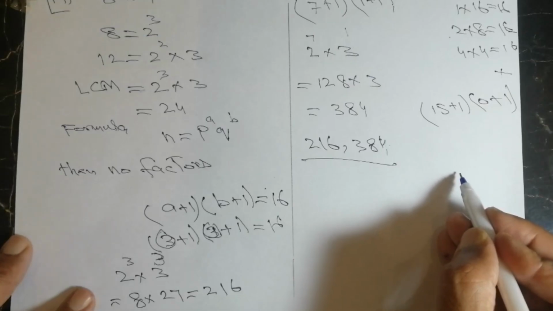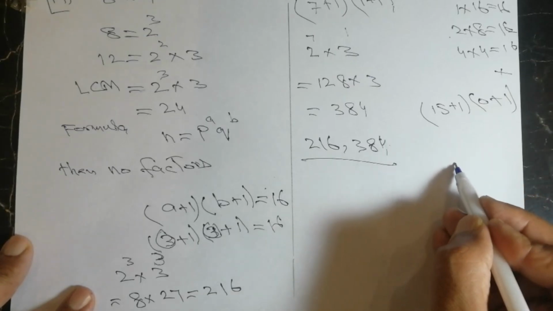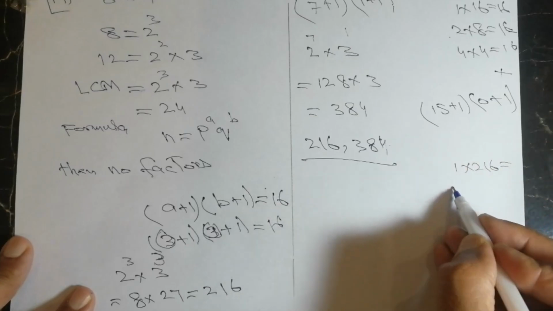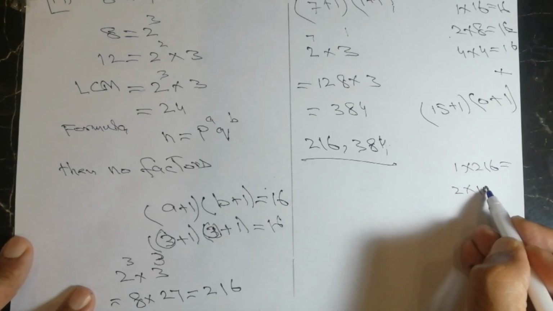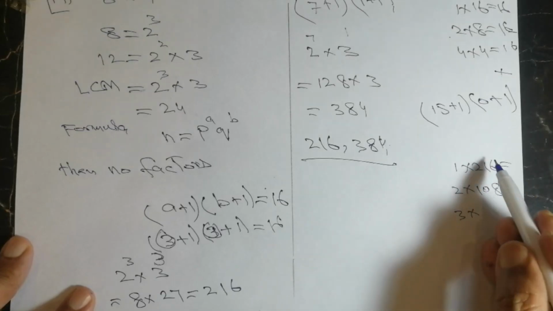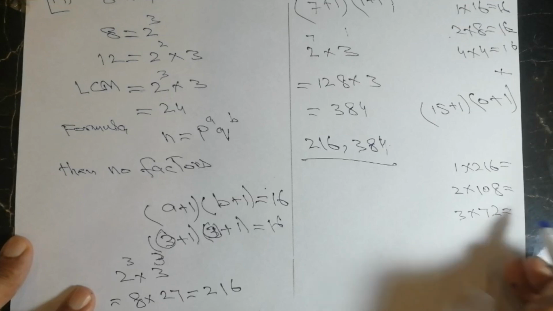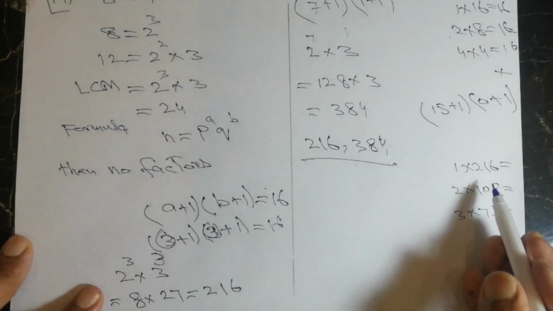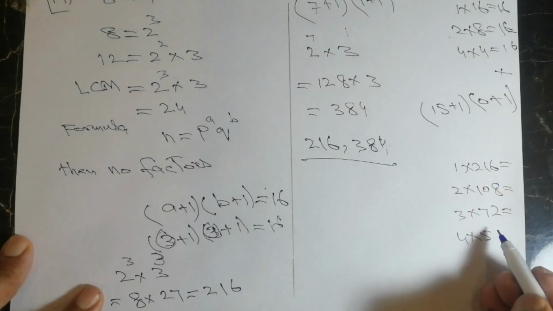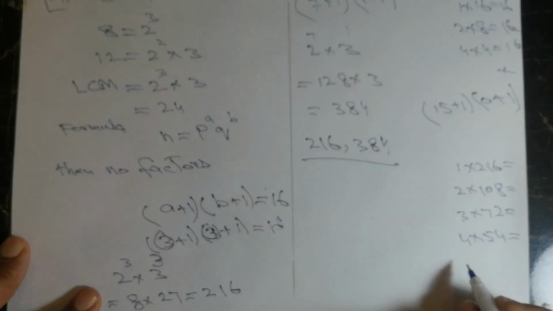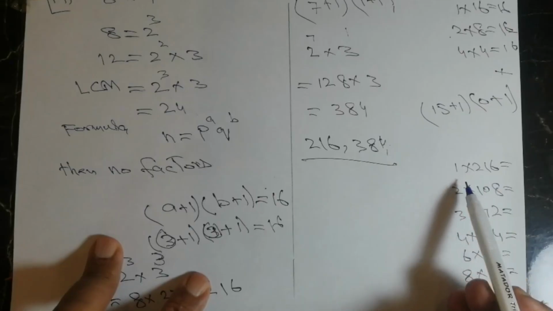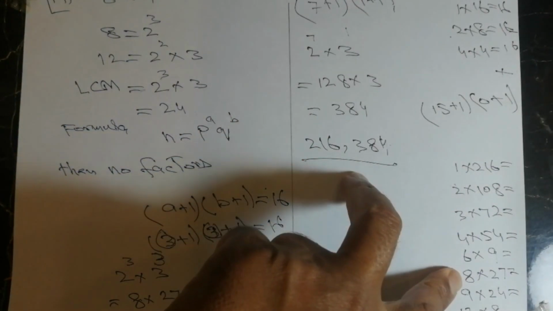For example, 216, let's find its divisors. 1 into 216 equal to 216, and 2 into 108, and 3 into 72, 4 into 54, equal to 216. So I wrote all the divisors of 216.